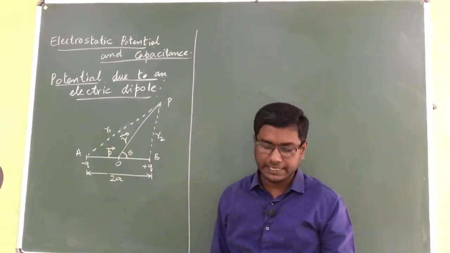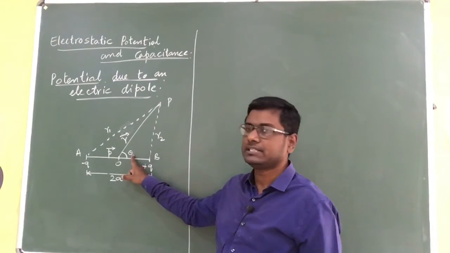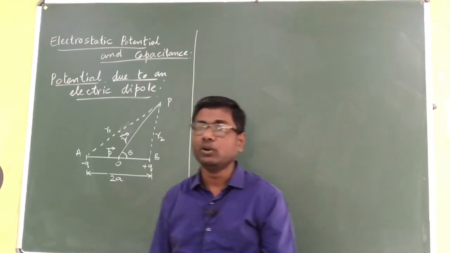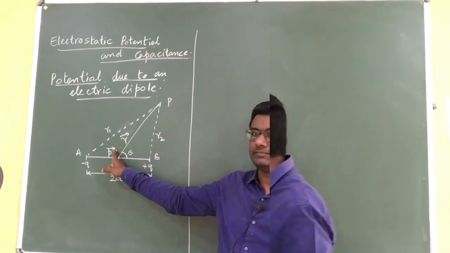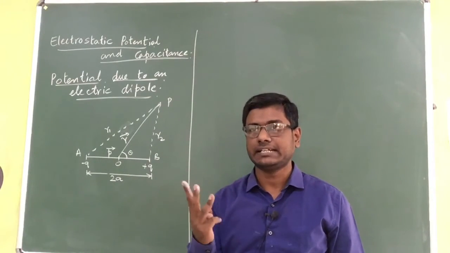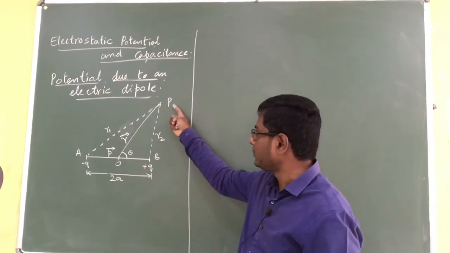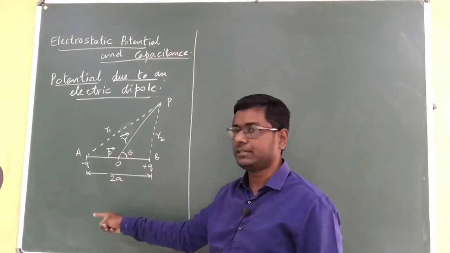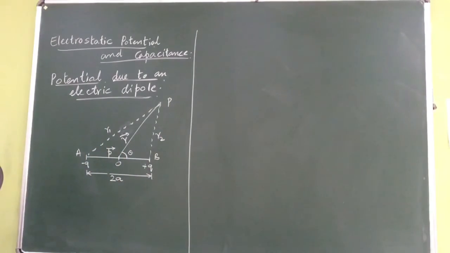That will be our second highlighting point, and along with that we need to describe this angle: the line OP makes an angle theta with the dipole moment. What is that dipole moment? It is small letter p with a vector sign. Whatever you have drawn will be explained in one paragraph, or you can say 3 sentences. First sentence only about the dipole, second sentence about the point P, and the third sentence the relation between this dipole and the point P, which will contain this angle theta. So that will complete our first paragraph.